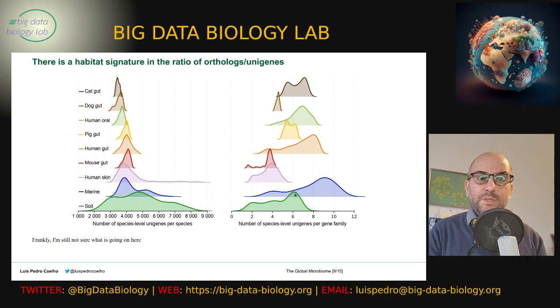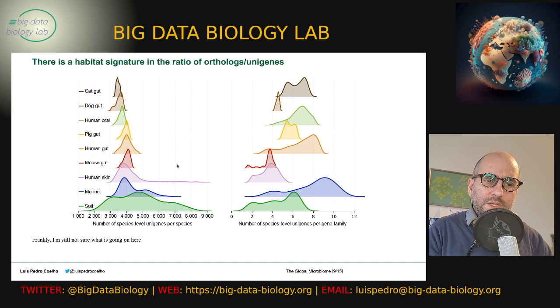So if we think of the families as a proxy for function, this measures how much redundancy we have. If there was no redundancy within a community, then this would be 1, right? We have a single unigene in that family in the whole community. And if we have more unigenes that are related to each other, even if they're in different species, there's probably a little bit more redundancy there.